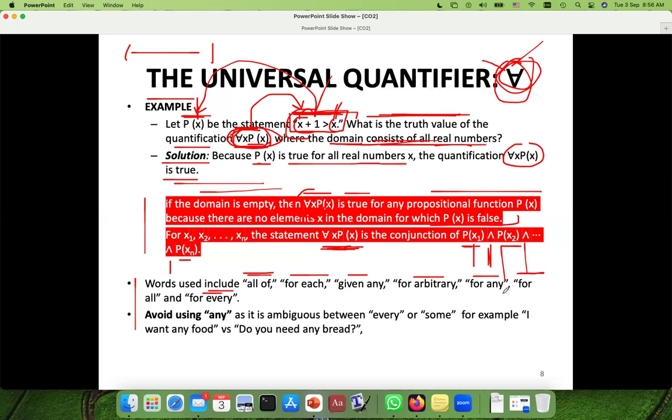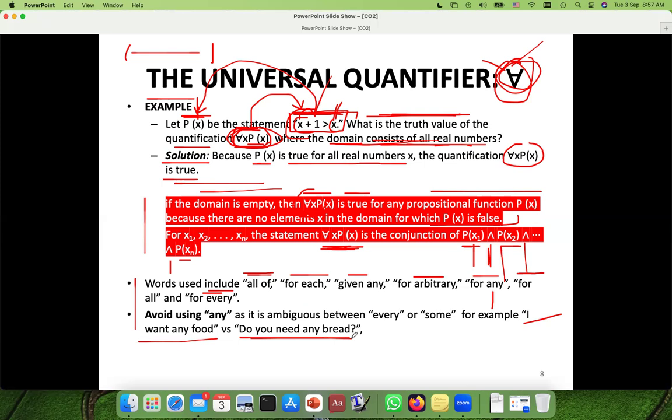Because there are some words like any, which is ambiguous. Sometimes any gives the meaning of a whole, sometimes only some. For example, look at this sentence: I want any food. And then, do you need any bread? I want any food means you can give me any type of food; all foods are permissible to me. But if you are a guest at my house and I ask, do you need any bread?